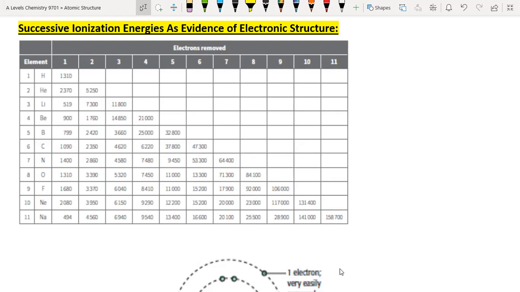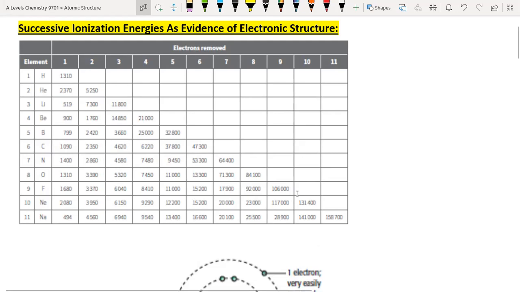Electronic configuration was being judged by ionization energy. How does ionization energy prove electronic configuration? This is our main concern today, that was left from the previous class.